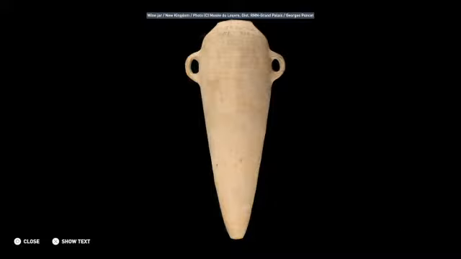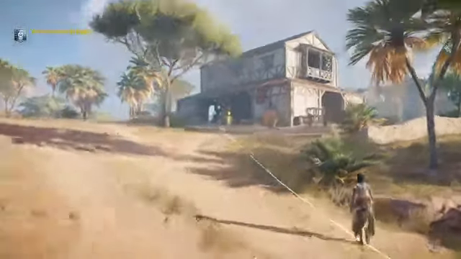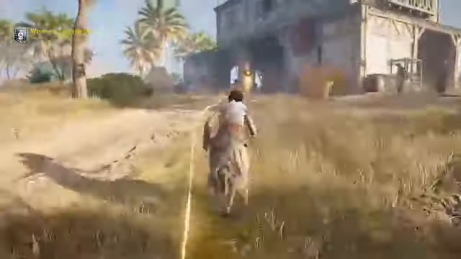New Kingdom, photo credit Musée du Louvre, RMN Grand Palais, Georges Poncet. Yes, I think I got it, at least, hopefully.